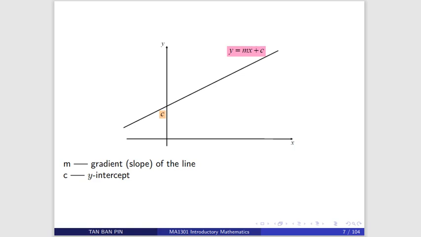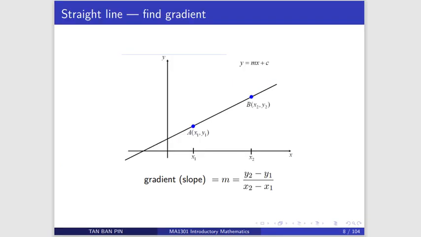We start with something simple. If you have a straight line, you know that the equation is y = mx + c, and c is the y-intercept. And m, the coefficient of x, is the gradient of the line, or we call it the slope of the line. So for a straight line, gradient is just the coefficient of x.